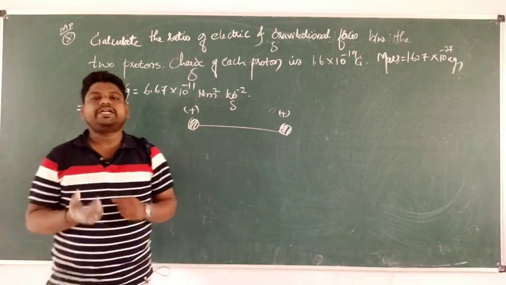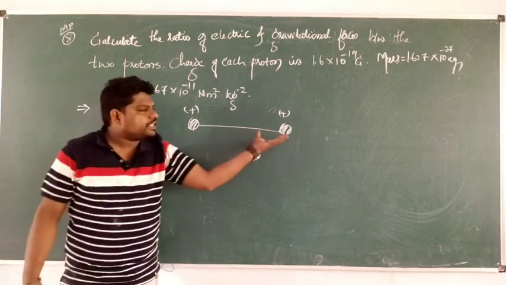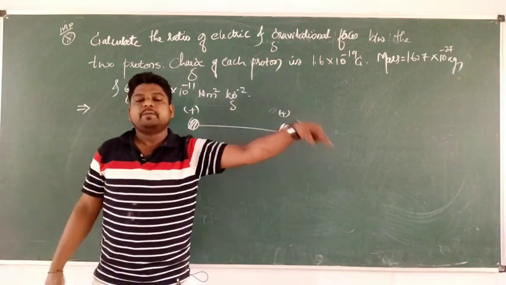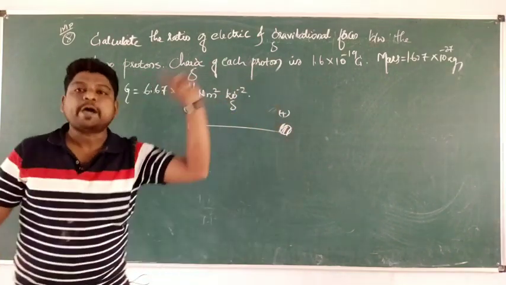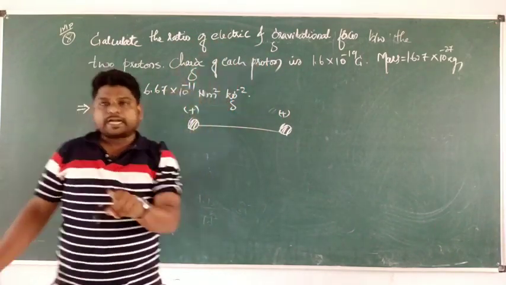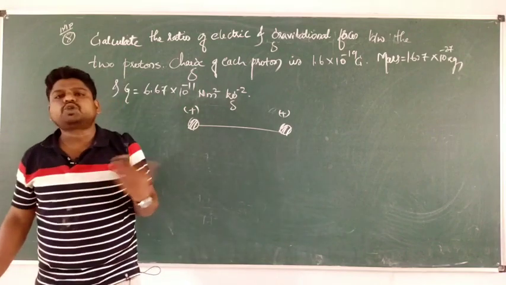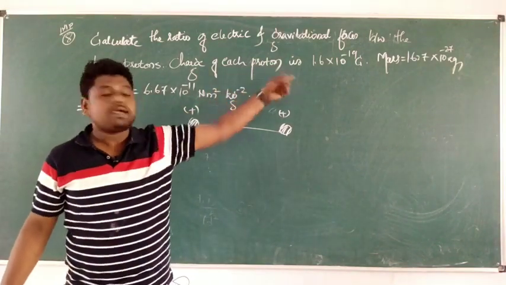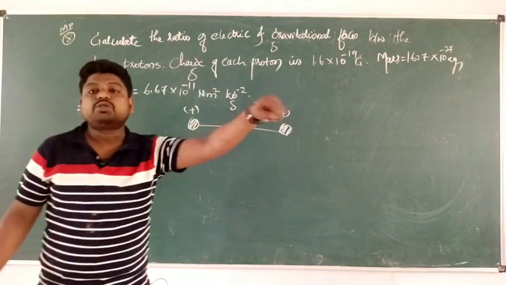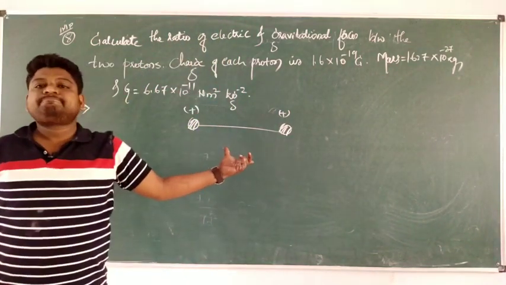There we also studied that there exists a gravitational force, but that gravitational force is weaker because it is being dominated by the electric force. Electric force dominates gravitational force because electric force is greater than the gravitational force when it comes to these charges.